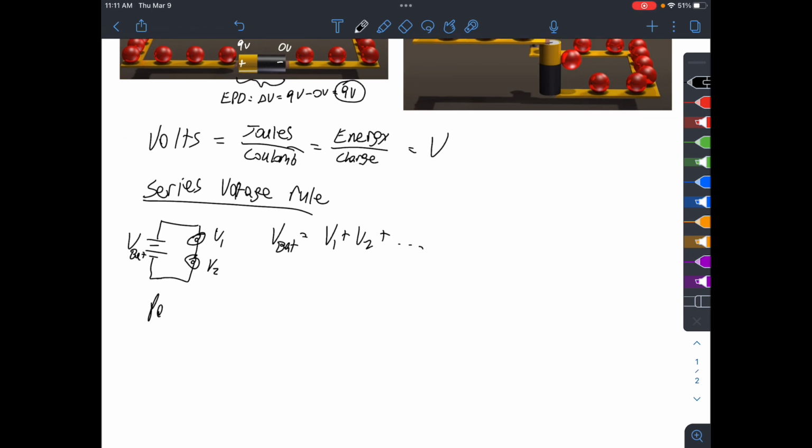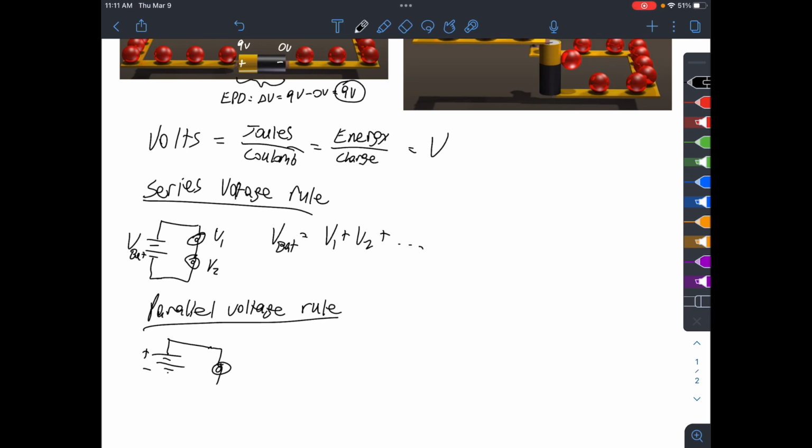For parallel circuits, this is the parallel voltage rule. You can draw a parallel circuit. Actually, I want to make this extra clear. Draw the battery with those alternating lengths of lines, positive and negative terminal.